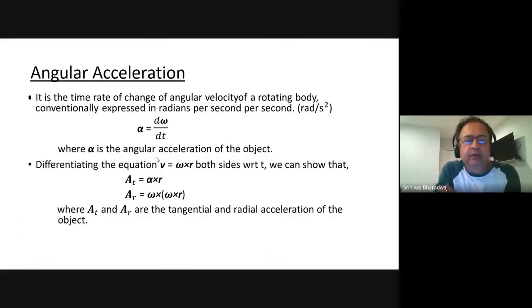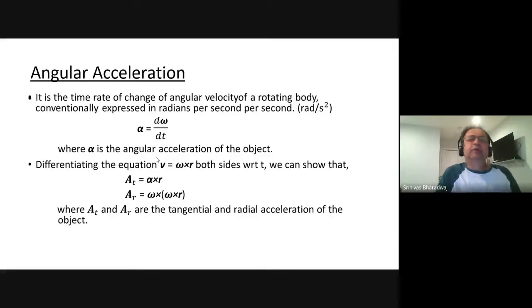Now we are going to discuss the case when something goes faster and faster. It starts rotating faster and faster. Its omega, which is upwards, is increasing at a continuous rate. If it's spinning faster and faster, its angular velocity is increasing, and therefore we say that it is experiencing angular acceleration.